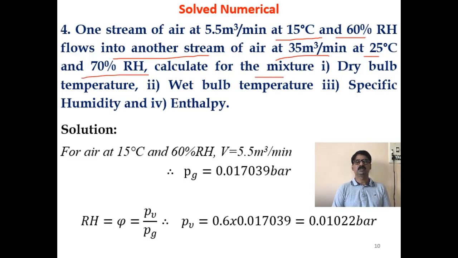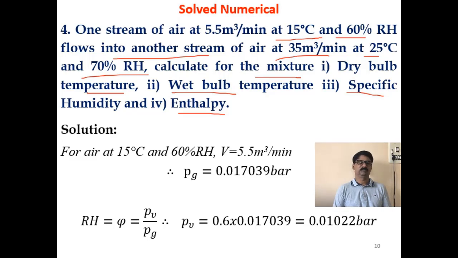For the mixture, you have to find the dry bulb temperature, wet bulb temperature, specific humidity, and enthalpy. So stream one has a flow rate of 5.5 meter cube per minute, dry bulb temperature 15, RH 60%. Another stream has a flow rate of 35 meter cube per minute, dBT 25 degrees Celsius, RH 70%. It is mixed, and you have to find the dry bulb and wet bulb temperatures, specific humidity and enthalpy for the mixture.